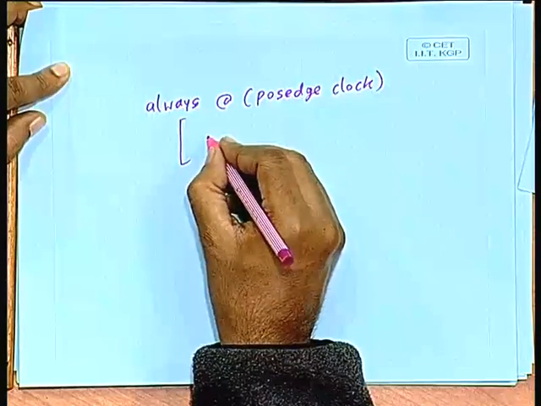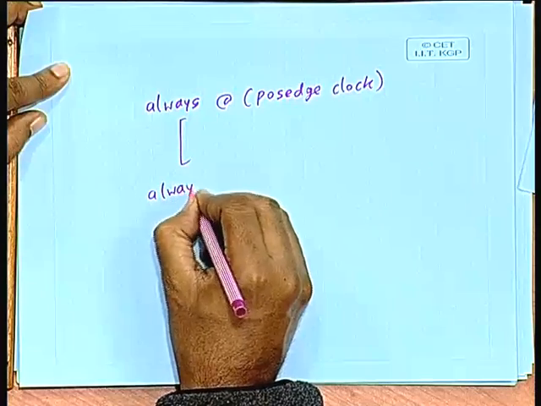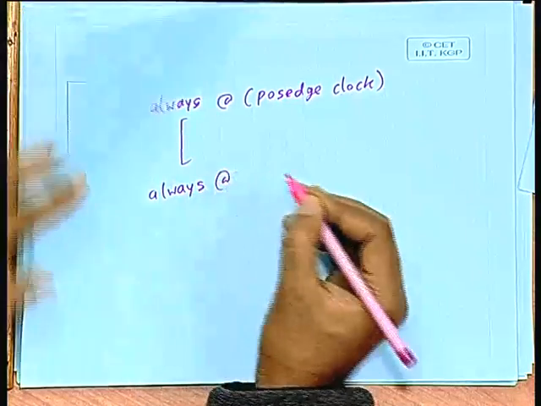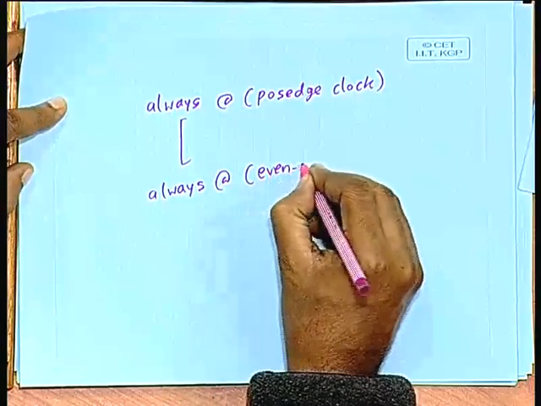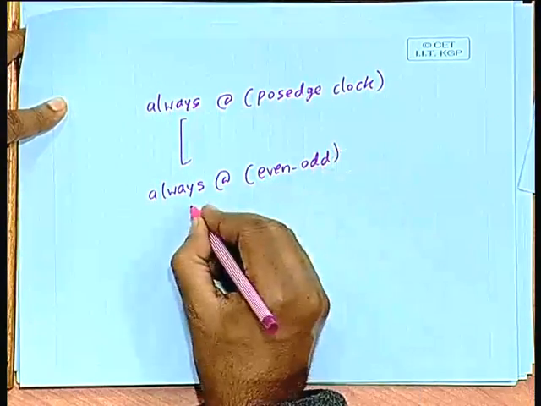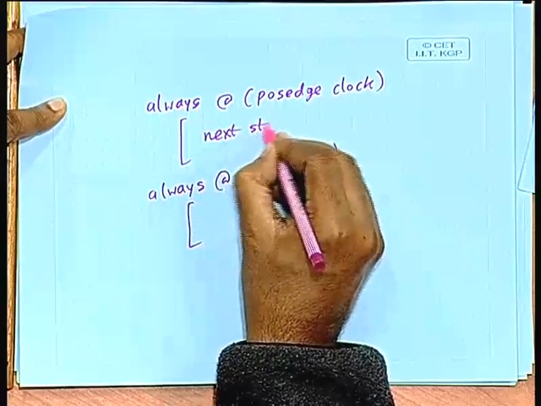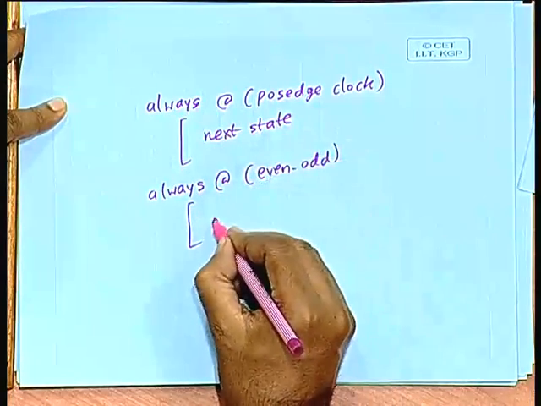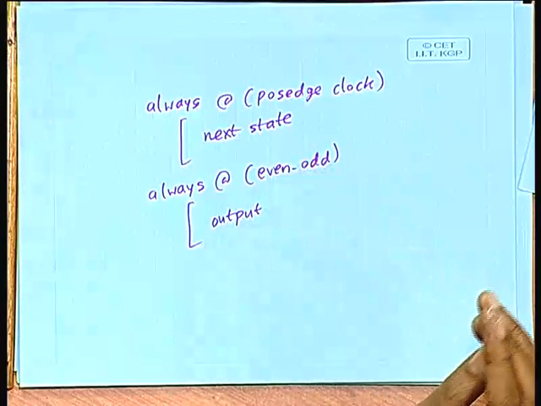So, here you will only be changing the state. There will be another always block, where you will be changing that only when the even odd state changes. So, next state computation will be here and the output computation will be here. So, you can do the same thing.